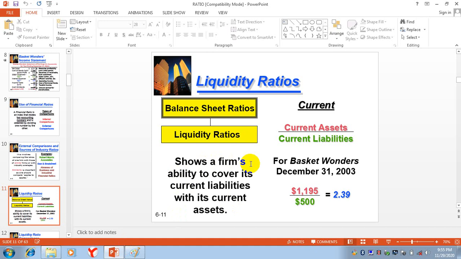So it shows a firm's ability to cover its current liabilities with its current assets. Now for Basket Wonders, December 31, 2003, current assets are 1,195 and current liabilities are 500. So we got 2.39.